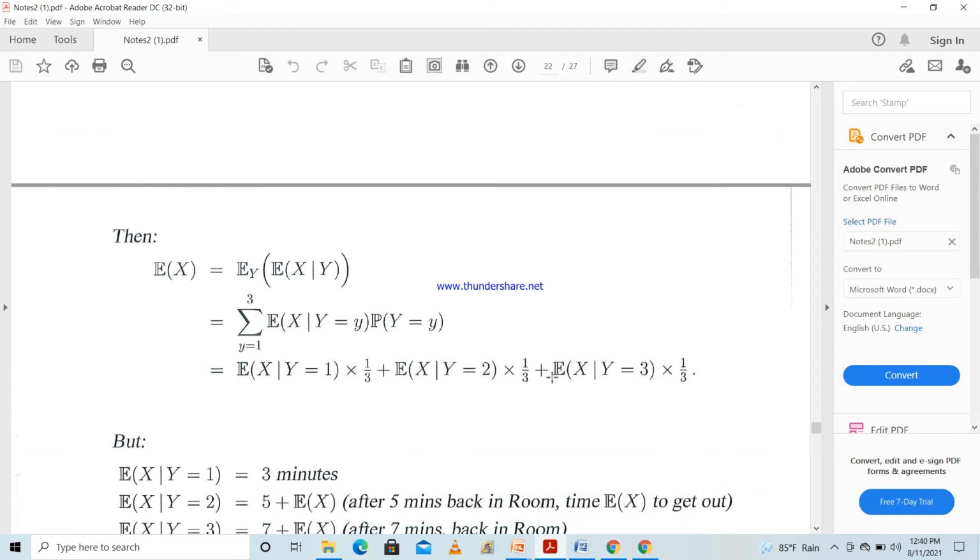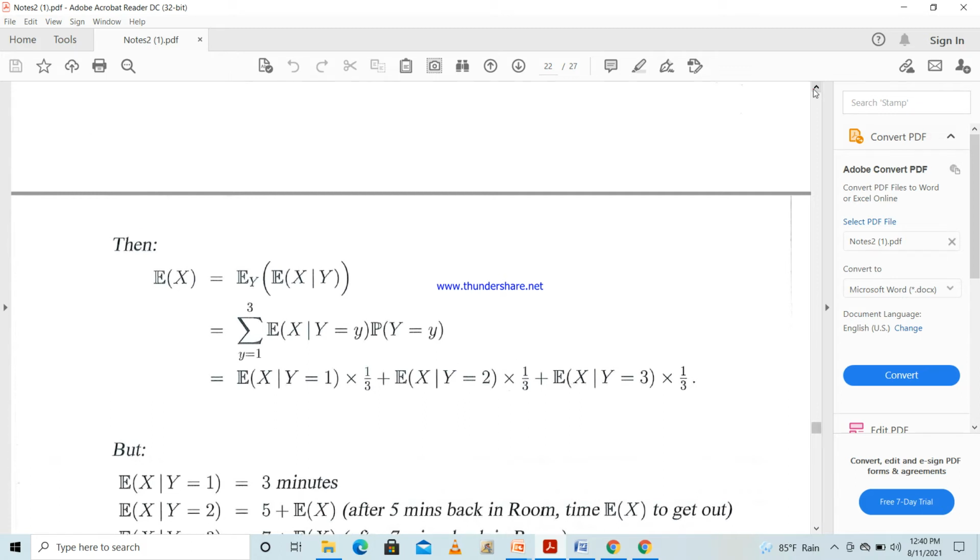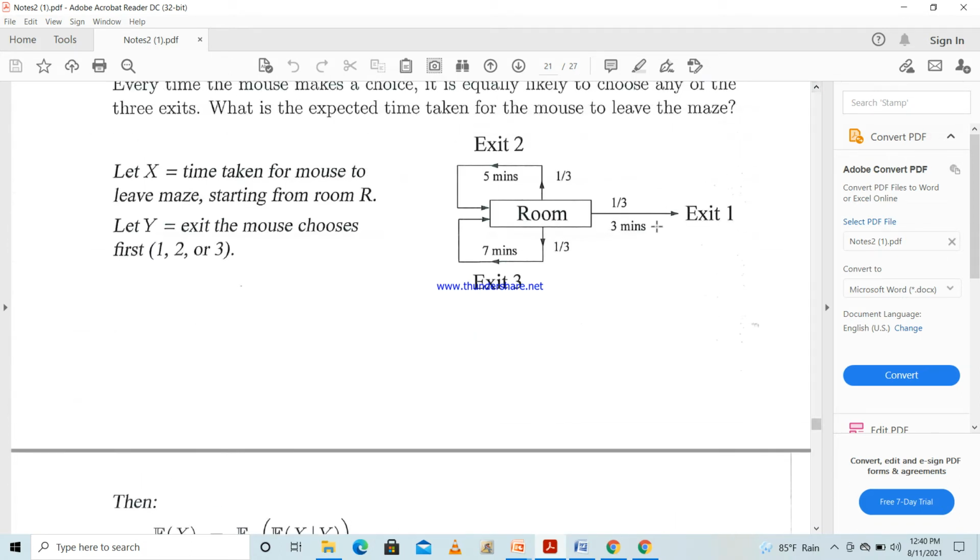Now if you take the expected value of X given Y equal to 1, that is the mouse taking the first exit, the mouse has to spend only 3 minutes to leave the maze. That is the expected value of this scenario, equal to 3 minutes.